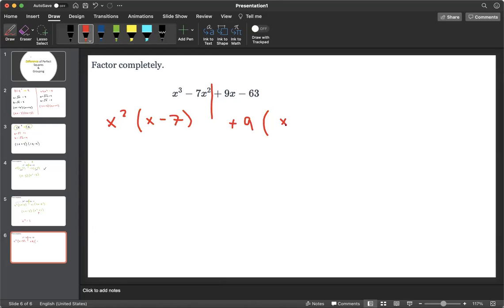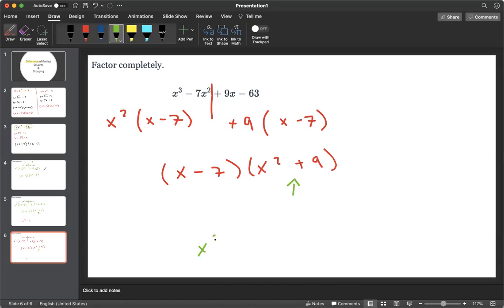So inside the parentheses, we have x minus 7. Our factored form is x minus 7 times x squared plus 9. Look, that is a plus, so we cannot do difference of perfect squares.